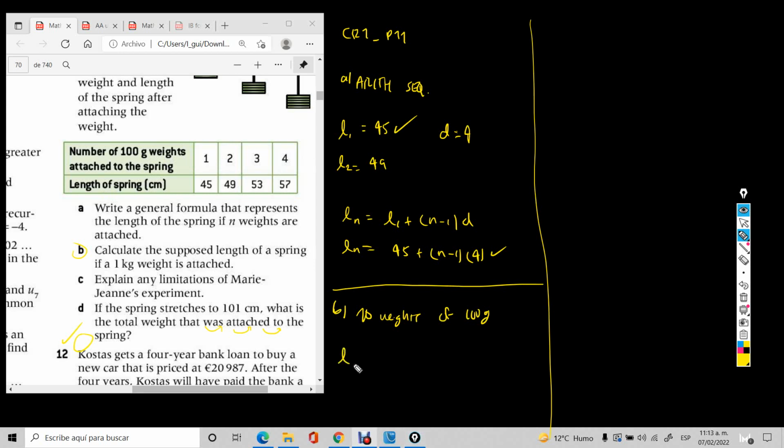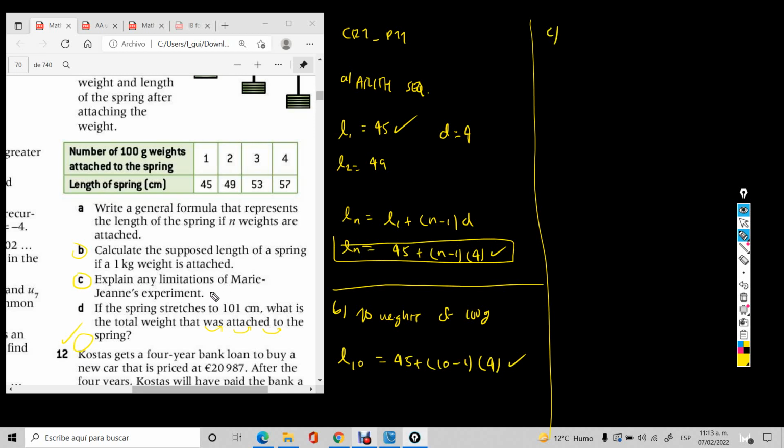So basically we're looking for the length of the spring if 10 weights of 100 grams are attached. And this is obtained very nicely using our previous formula, this one. All you have to do is plug in the values, and that's it.